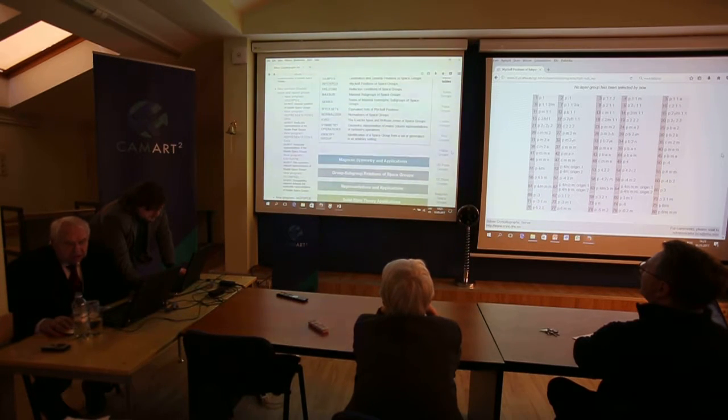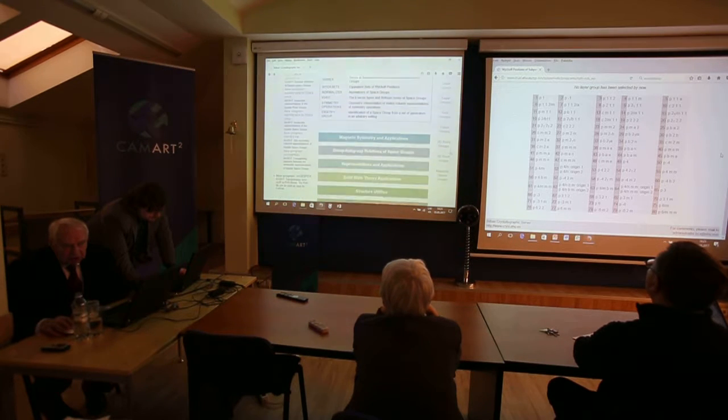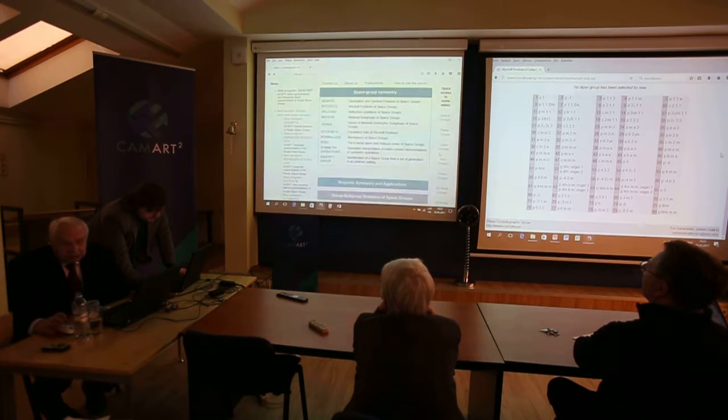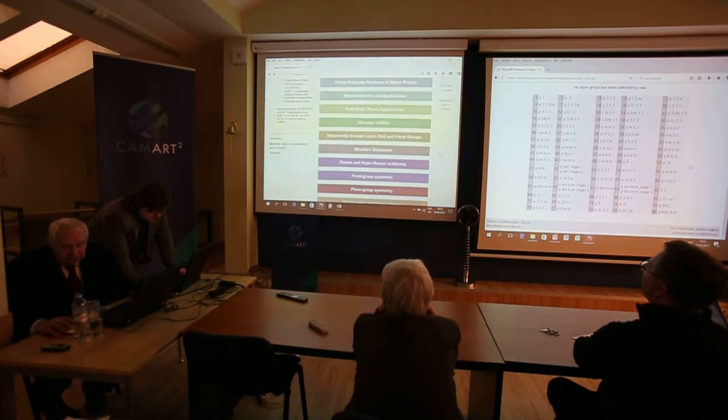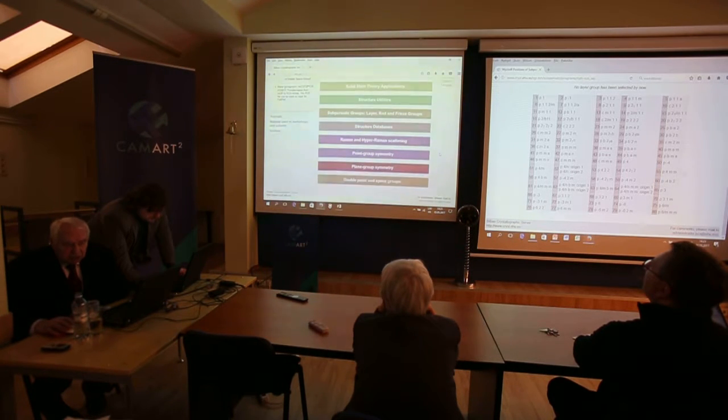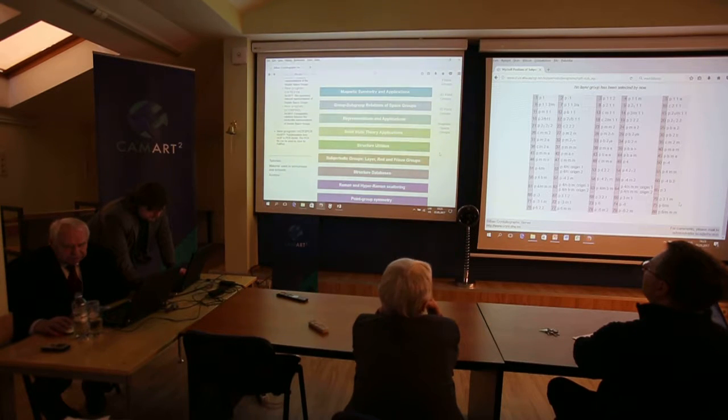Here you see 80 subperiodic groups, and you need to analyze the symmetry of your slab and then choose, in the table for the rutile structure I gave it, the layer group from this table.